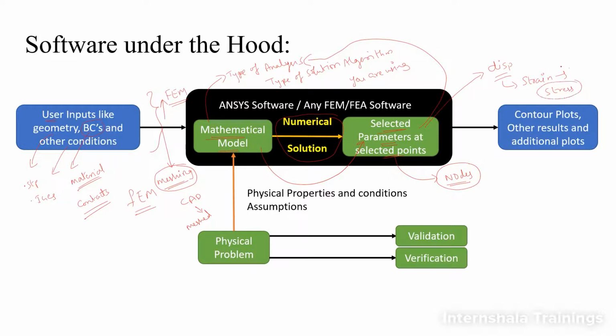All these relations, and how to solve them, are inbuilt into the software itself. So it will create all the required results based on the user request, and then give out the results in different formats such as contour plots and different kinds of plots, as well as result values and additional plots.